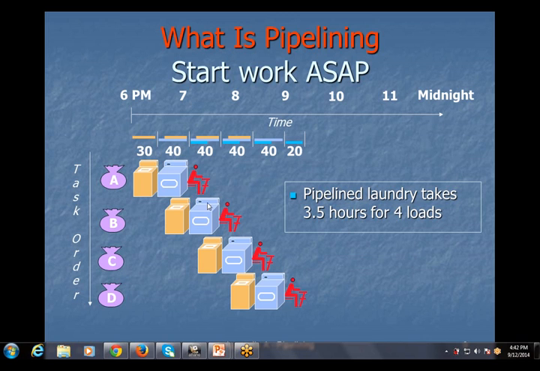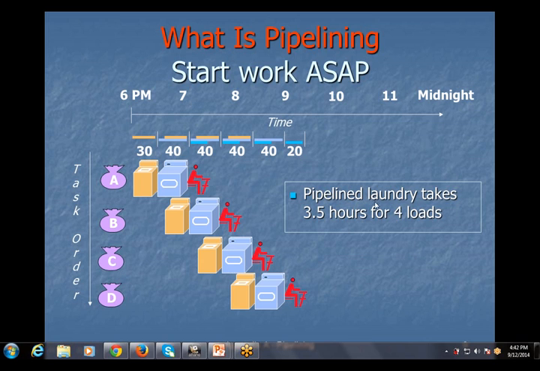One is using the washer, one is using the dryer. One is using the folder and one is using the dryer. So they are executing multiple tasks at the same time. Because 40 is more than the 20 minutes used for folding. This is the best example.